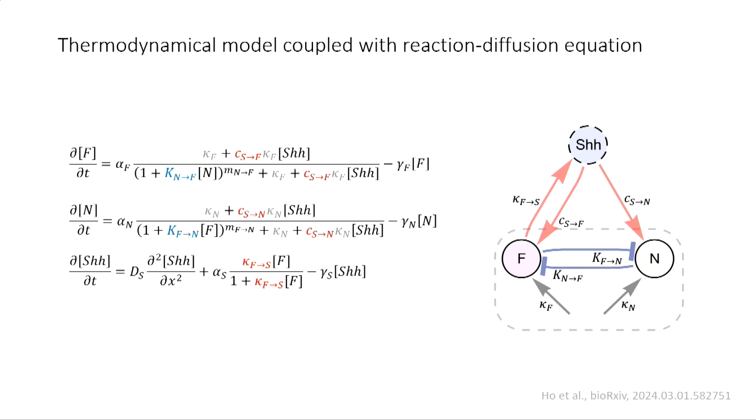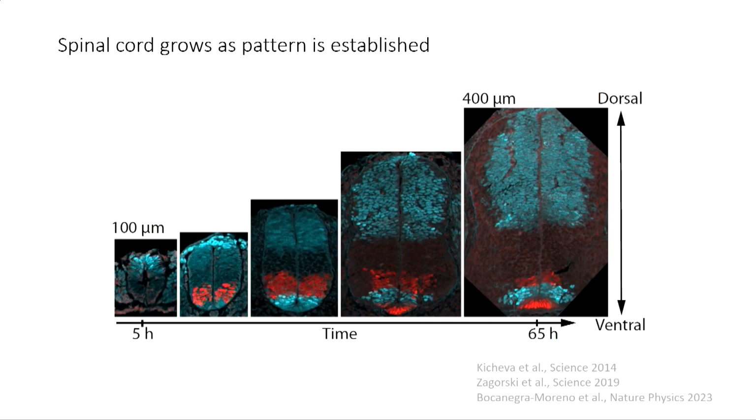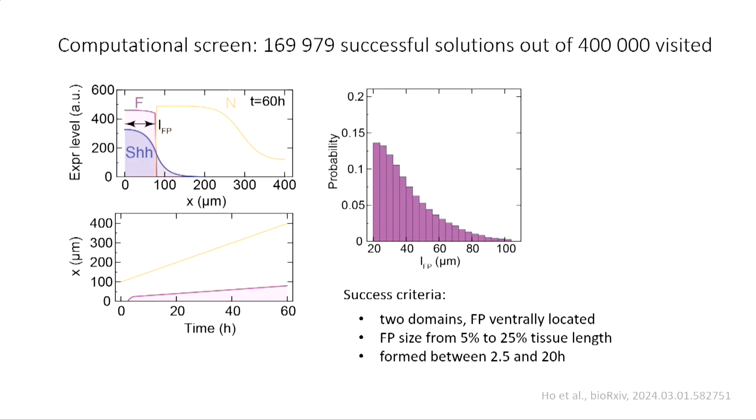This was just to remind that the system is growing. So you will later on see 100 to 400 micrometers, because we simulate this system of two ODEs and a PDE on a growing domain, where we also screen for the parameters, the ones that were marked there, keeping the rest to some biologically realistic values that we also later test for how they affect our outcome.